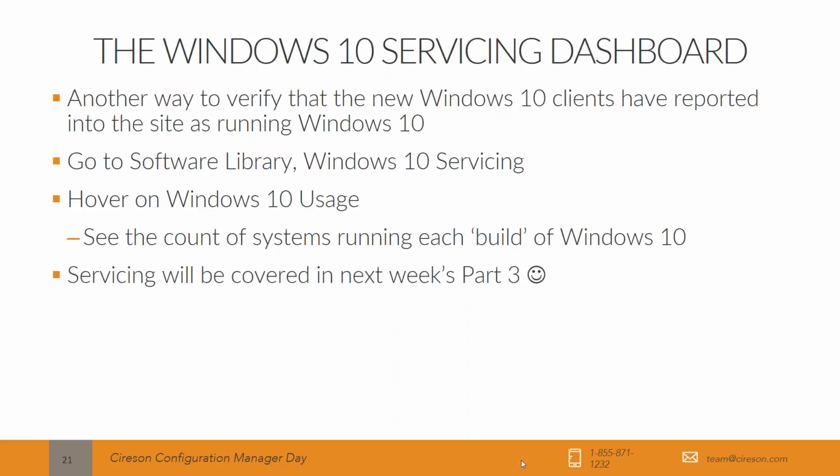I'll show you this in just a moment. You just want to hover over the Windows 10 usage donut, and that will highlight and show you the number of systems running the build you're highlighting in that portion of the ring. I'll show you that again in just a second as we get into the next demo.